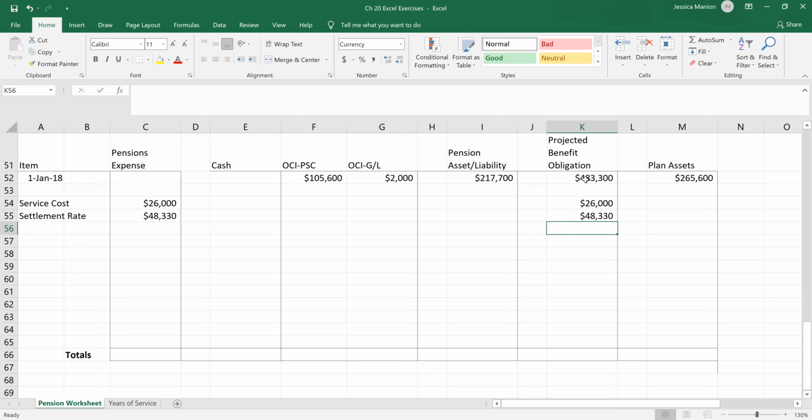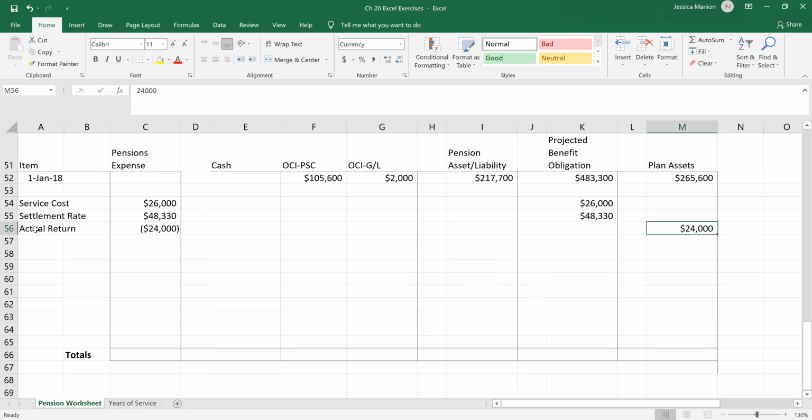We had actual return of 24,000 even. So remember, returns decrease our pension expense, 24,000. Increase our plan assets, 24,000. That would have been interest or dividends earned on our plan assets.